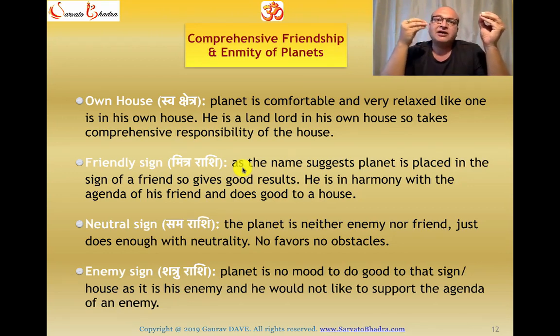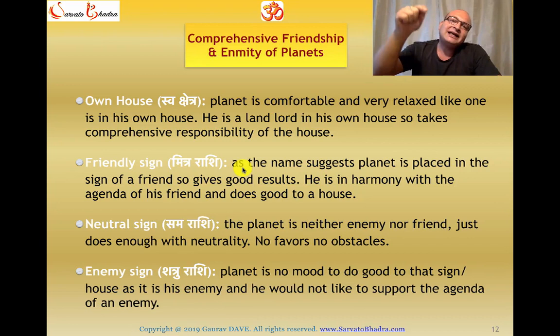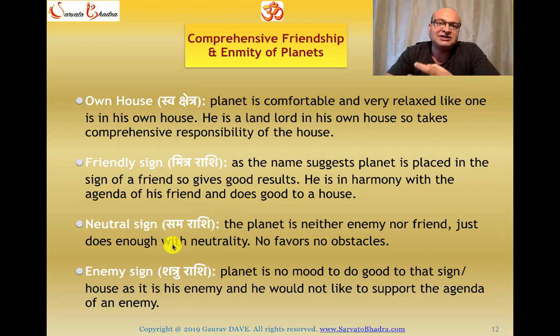When grahas who have the energy and the ability to perform something are placed in different signs with different kinds of strength, as depicted by these seven situations, they perform differently.